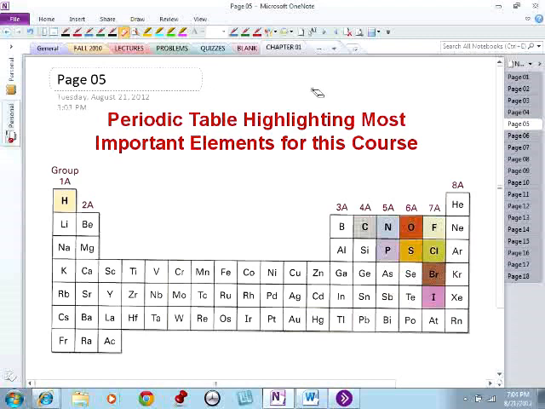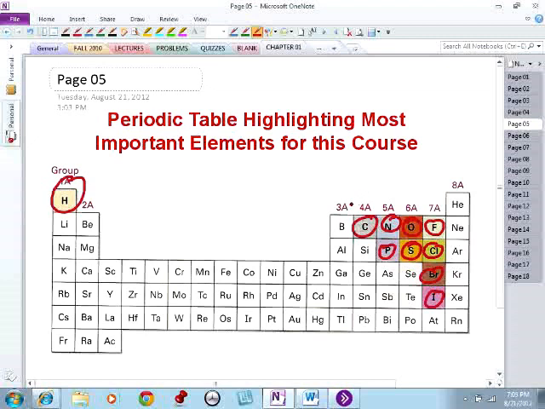We should be. Now what I have here is your periodic table. And what I want to show you are some of the elements or atoms that will be of interest to us during the course of this semester. Fortunately for you, you don't need to know all of the periodic table. You need to know about hydrogen, of course, carbon, nitrogen, oxygen, fluorine, phosphorus, sulfur, bromine, and iodine.